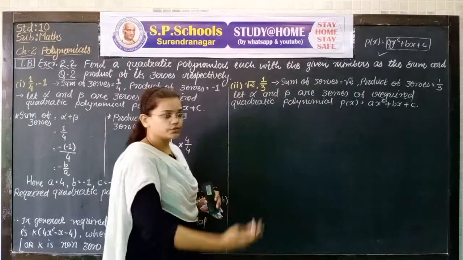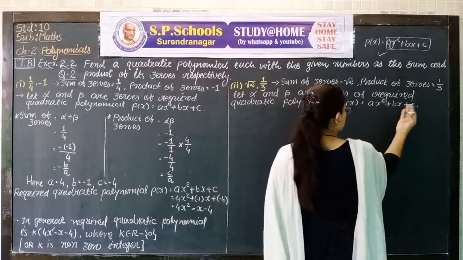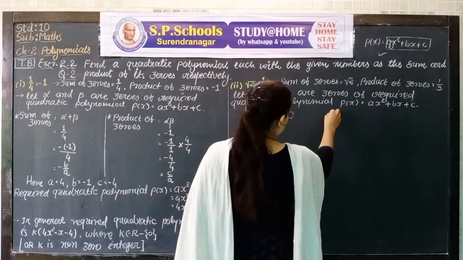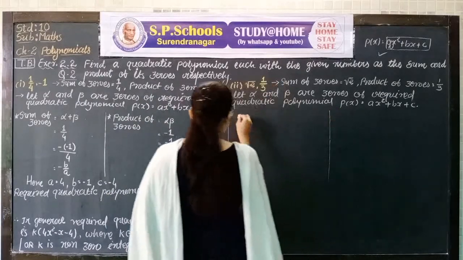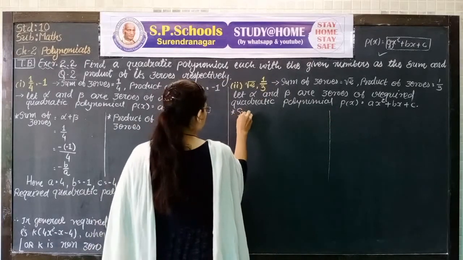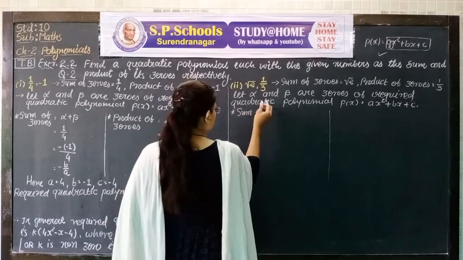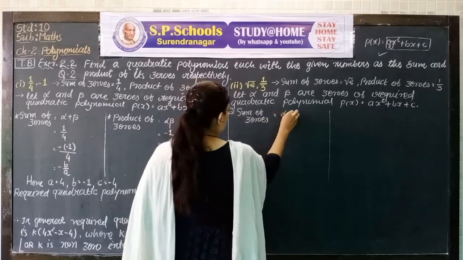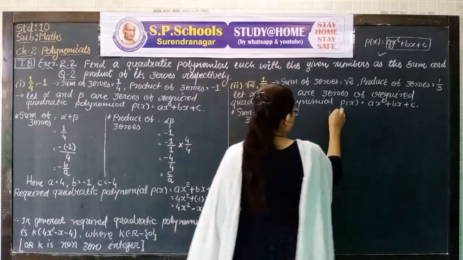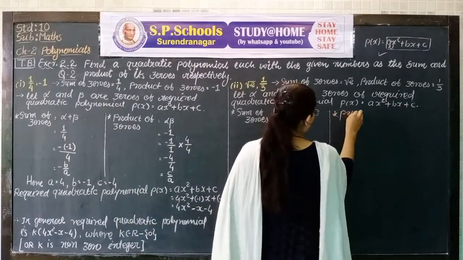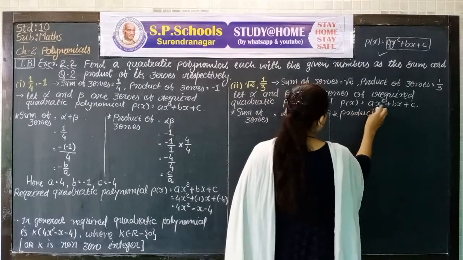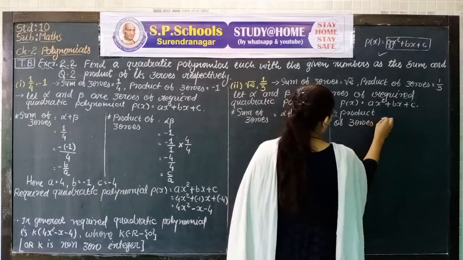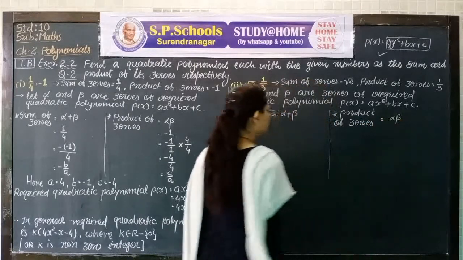Now we are going to find the coefficients a, b and c. Make a line in the middle of the page. On the left hand side, the sum of zeros is equal to alpha plus beta, and on the right hand side, take the product of zeros, which is equal to alpha into beta.